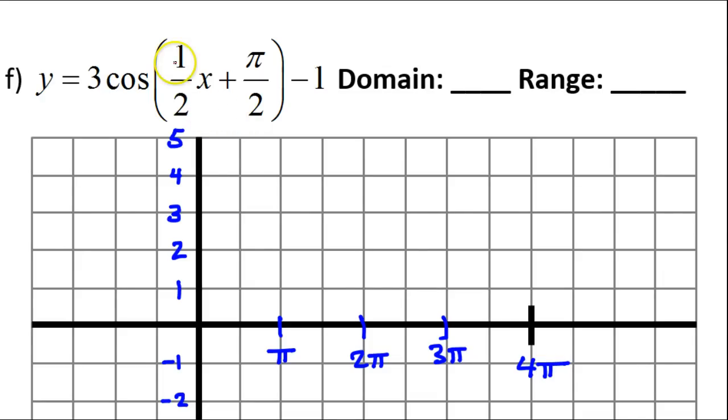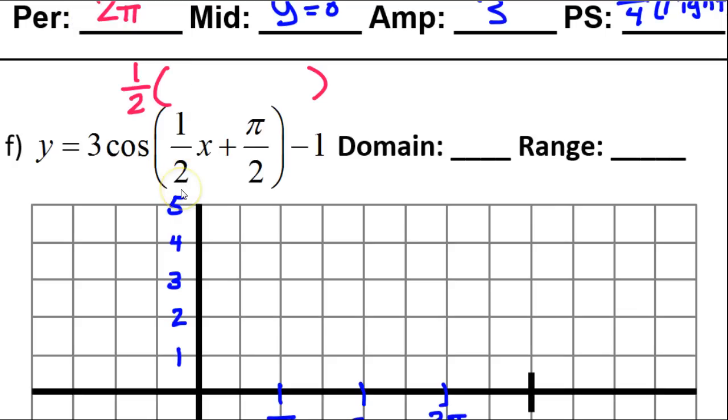But we need to factor out the 1/2 to figure out what the phase shift really is. When you factor out 1/2, to figure out what goes on the inside, you need to divide. So I need to divide everything by 1/2, and that's going to tell me what to put on the inside.